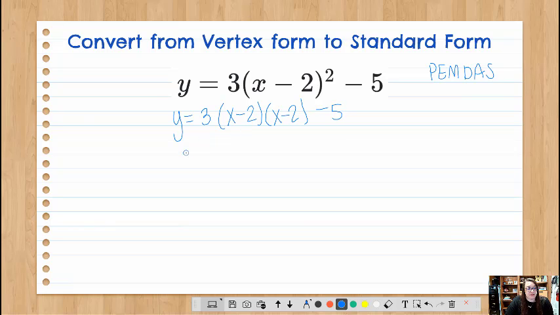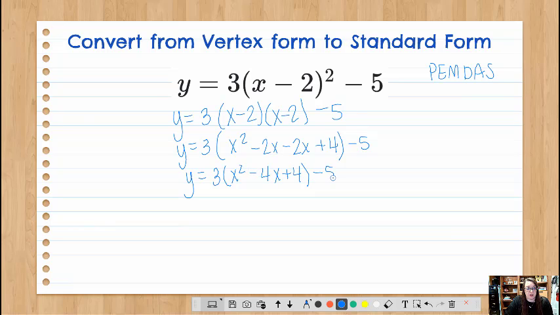When I FOIL, I'll get x squared minus 2x plus 4. I can combine some like terms. I get x squared minus 4x plus 4. So I'm done with the exponent.